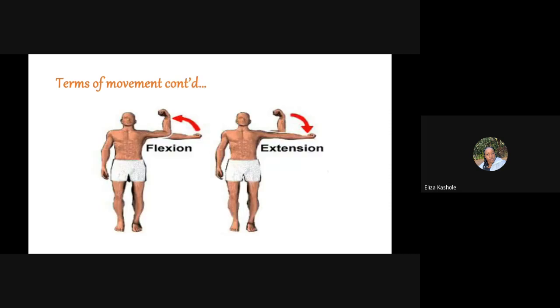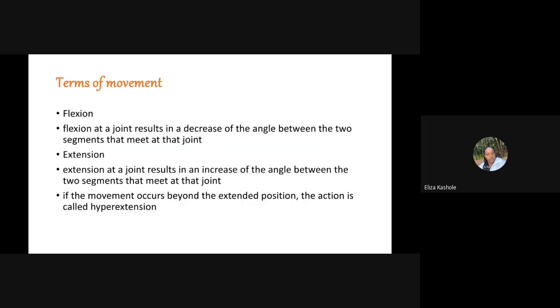So your arm is bent like that, and then you extend it, increasing the angle at the elbow joint, between the arm and the forearm. If the movement occurs beyond the extended position, the action is called hyperextension.